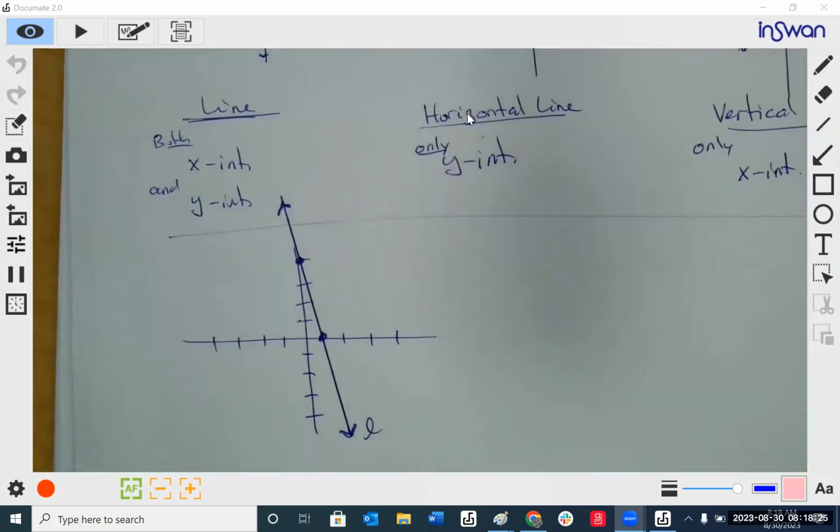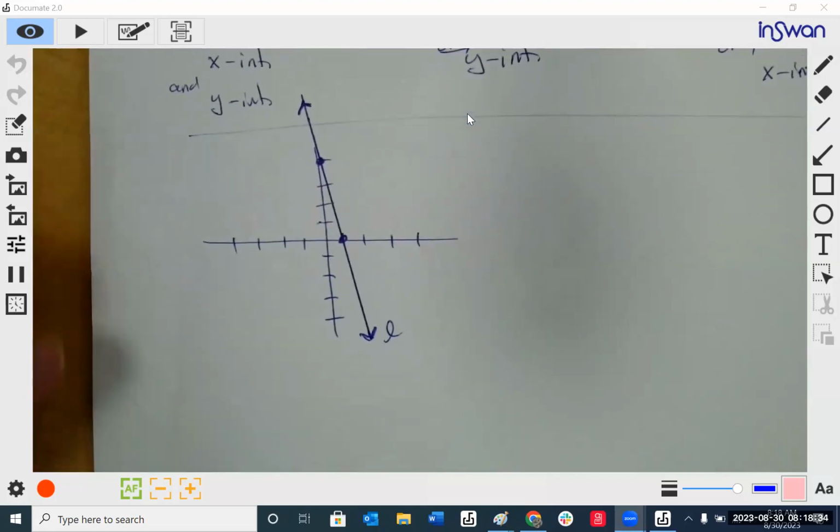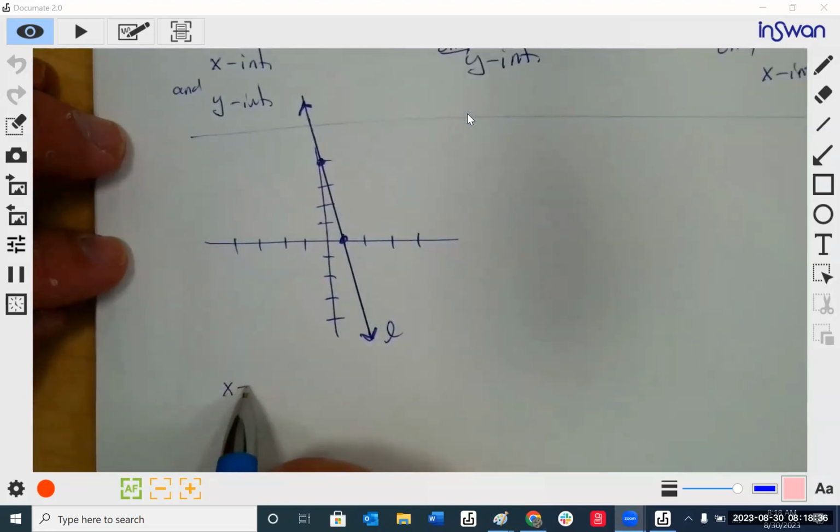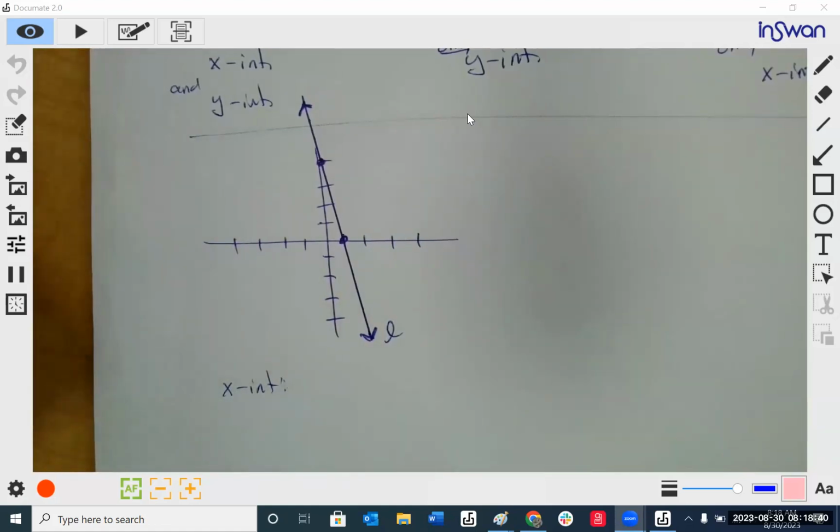And this is my line. So what is my x-intercept? Just one. When you ask for the intercept, it's the location.